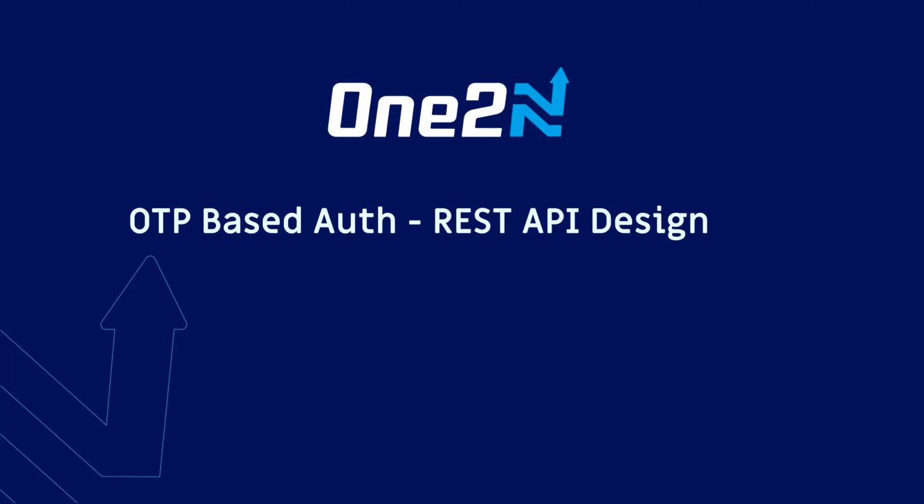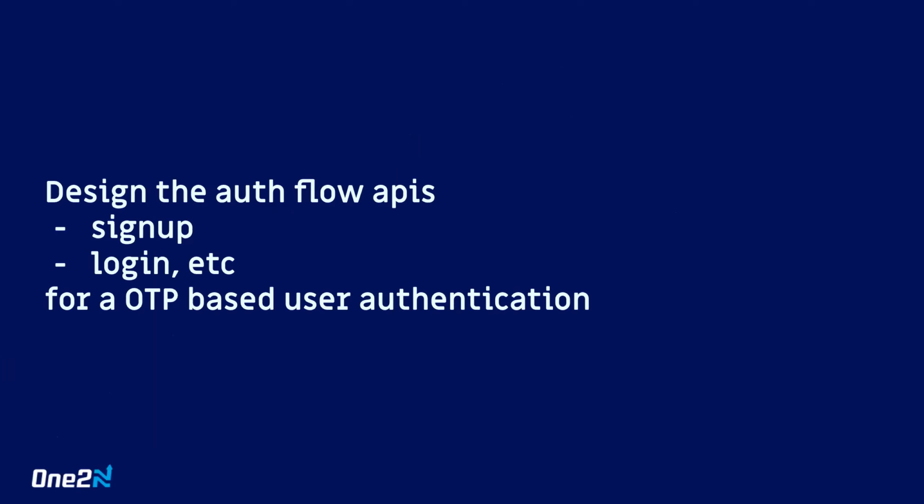So this is the problem statement: we want to build an API that can be consumed or used by any other application where there is OTP based authentication. So this is the detail of the problem statement.